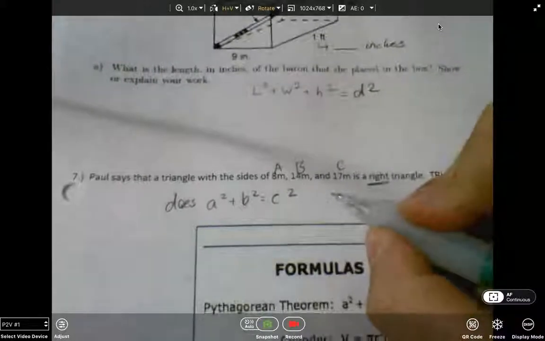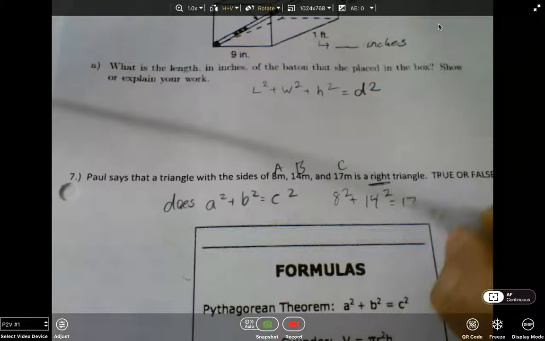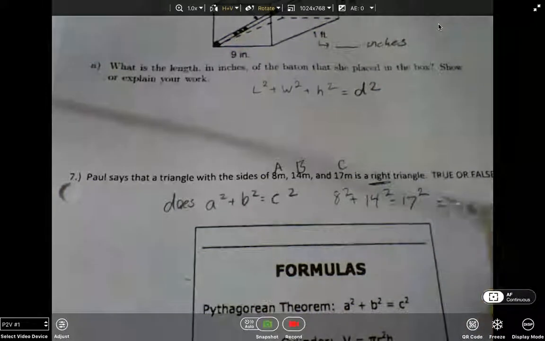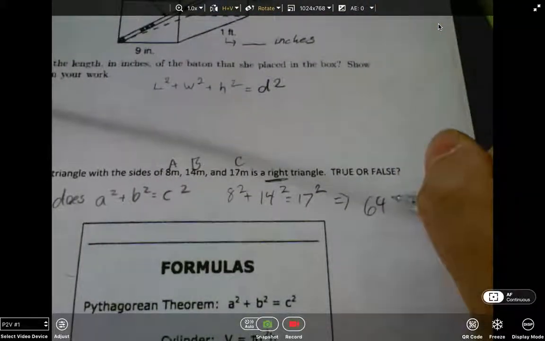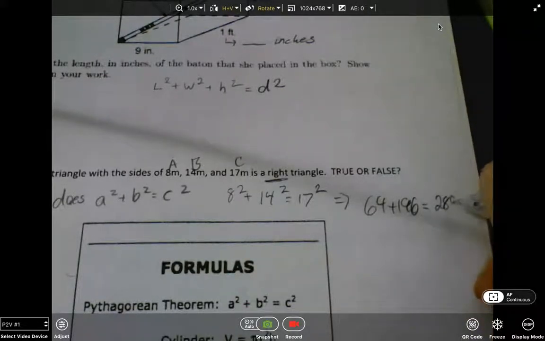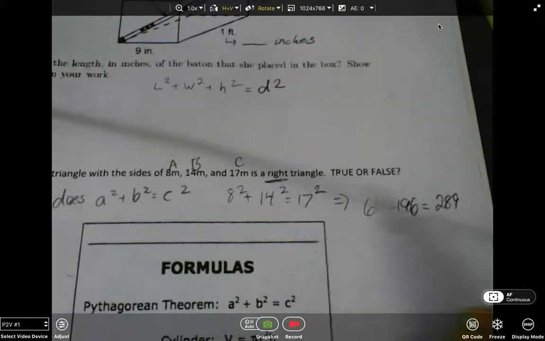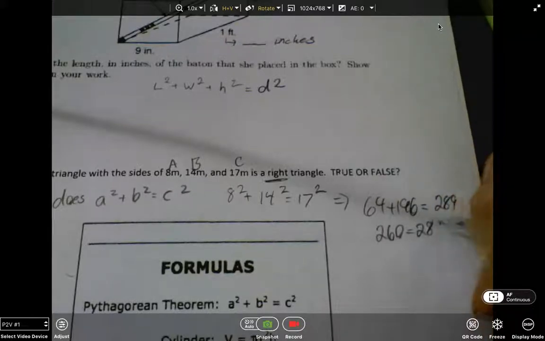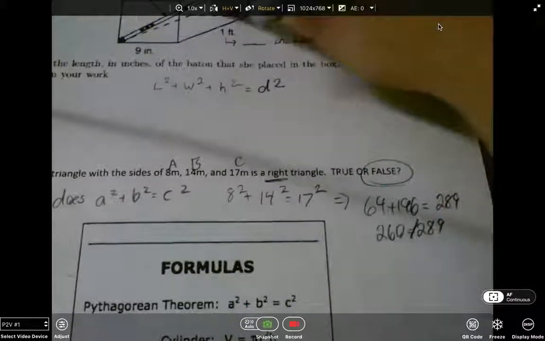Does 8 squared plus 14 squared equal 17 squared? 64 plus 196 should equal 289. That's just doing 8 times 8, 14 times 14, 17 times 17. Turns out that 260 does not equal 289, so the statement that Paul made was false.